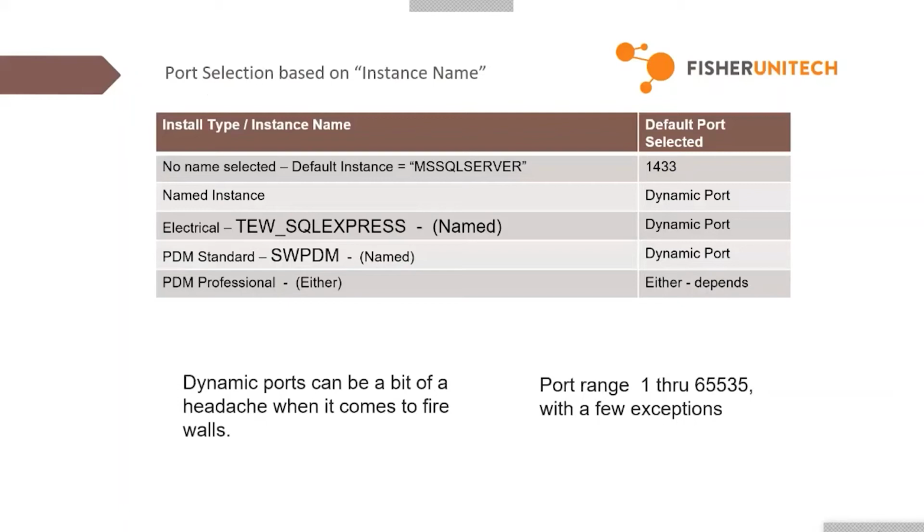That's just how the SQL Server install goes, just what Microsoft has shipped for us. Now, when installing PDM Professional, it's actually a manual install of SQL Server, so it depends on whatever you pick or whatever the VAR has picked. So we'll go into how to change that over.